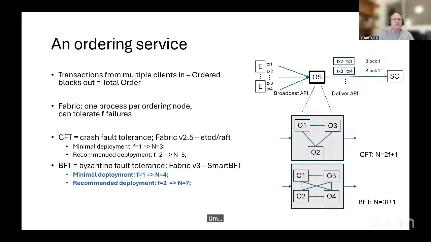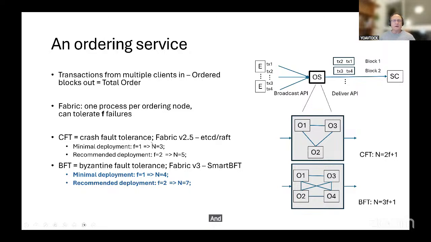In Fabric, there is one process per ordering node, which can tolerate F failures. And we have in Fabric right now two flavors of this service. We have the CFT version, Crash Fault Tolerant, based on etcd Raft.